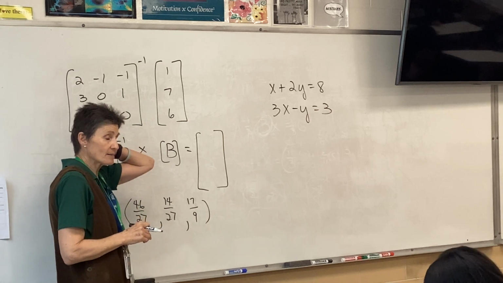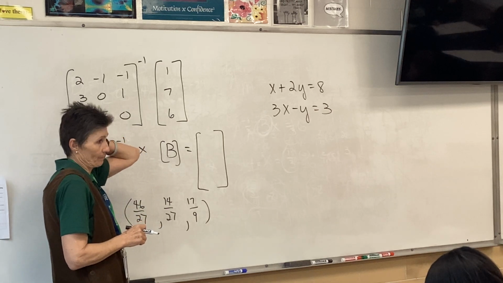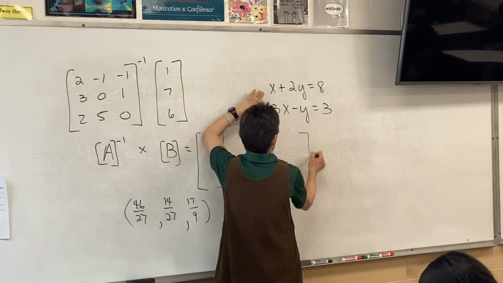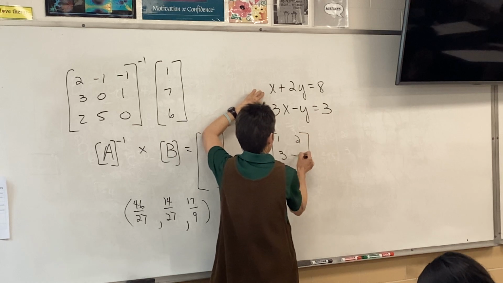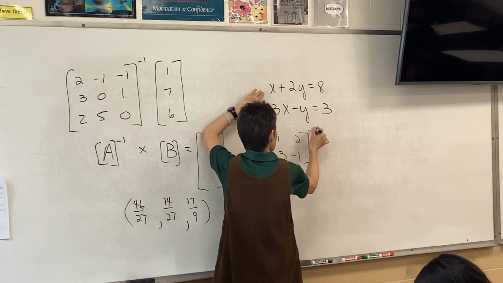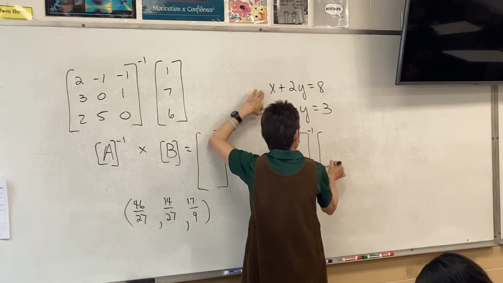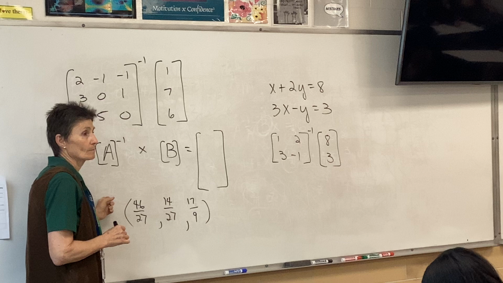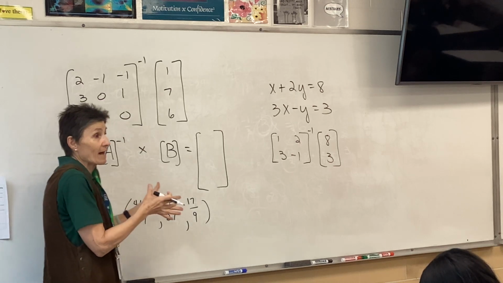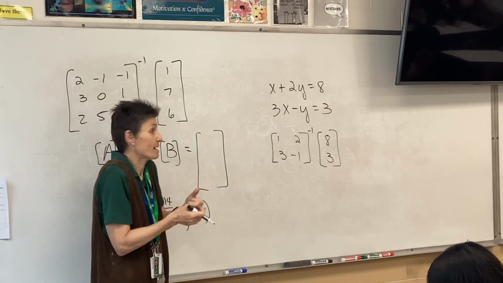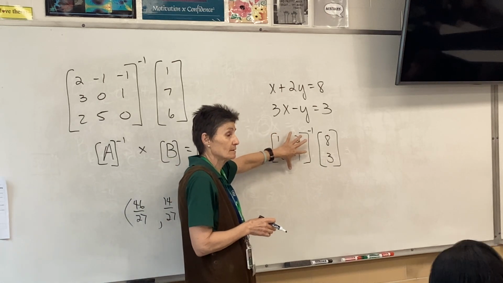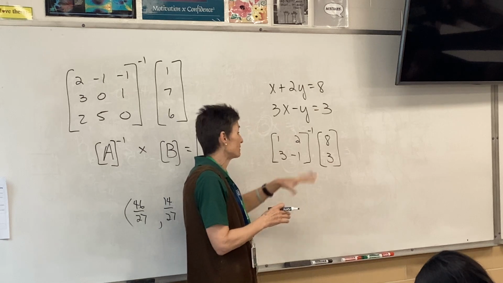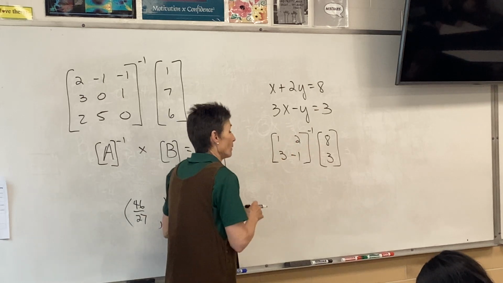To get the answer to the question, didn't we take our coefficients, the inverse of those, times 8/3, isn't that what we did? So we're going to do exactly the same thing, only this time we have to do this part by hand. This is going to give us our answer, but we're going to do it by hand.